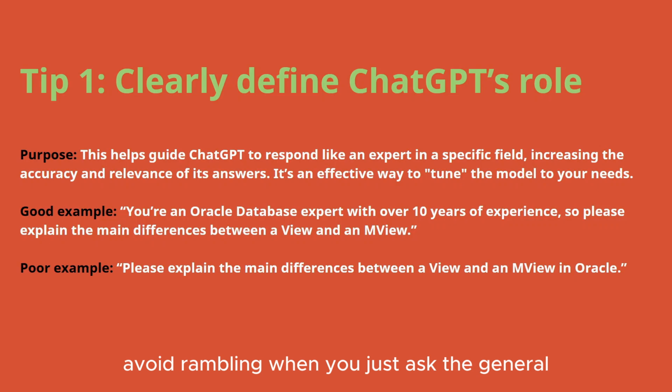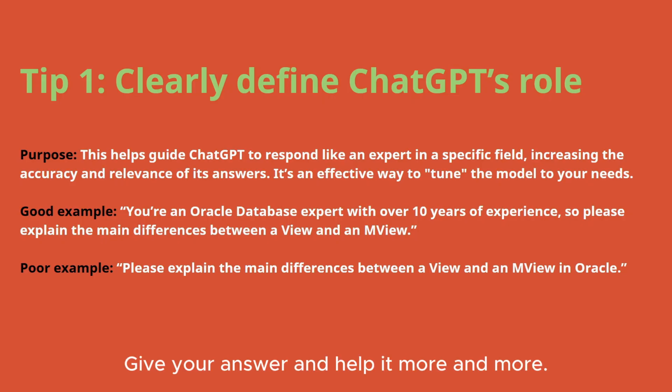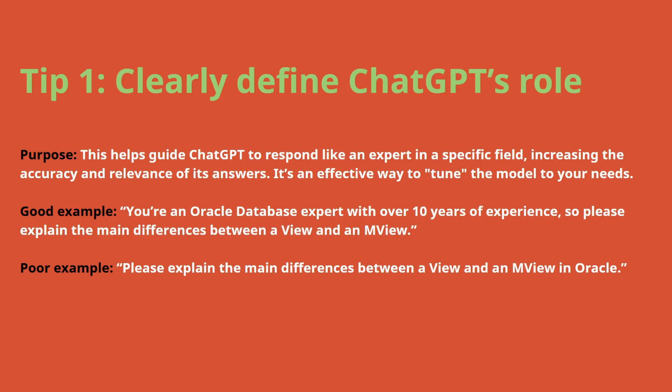When you just ask generally, please help me solve these problems in the database, ChatGPT won't be clear whether it's Oracle, MySQL, or relational or non-relational databases. So specify the role of ChatGPT. It's like narrowing down, helping it give answers that become more and more accurate.